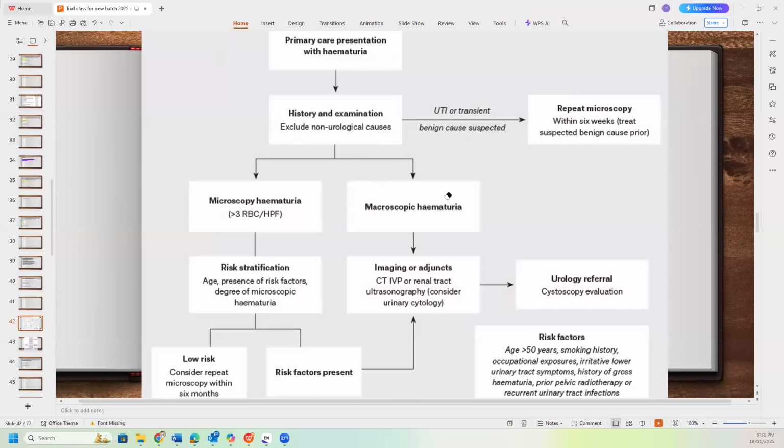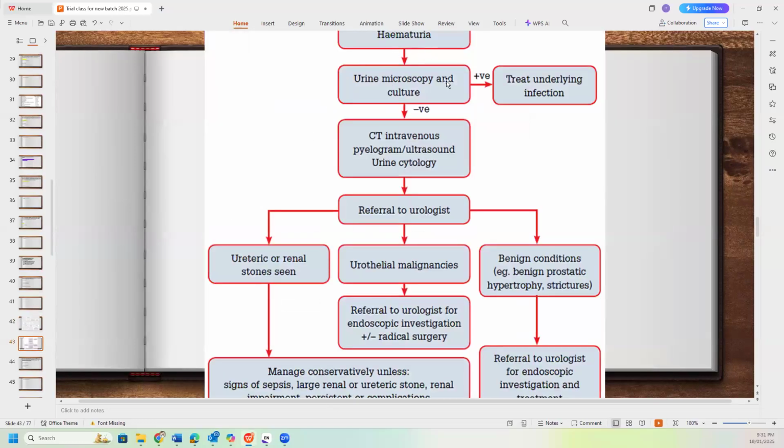Flank pain with hematuria, we do urine microscopy and culture. If there is macroscopic hematuria, certainly you do CT IVP or renal tract ultrasonography to rule out any carcinomas. Similarly, if you have hematuria, the next best step is to do urine microscopy and culture.